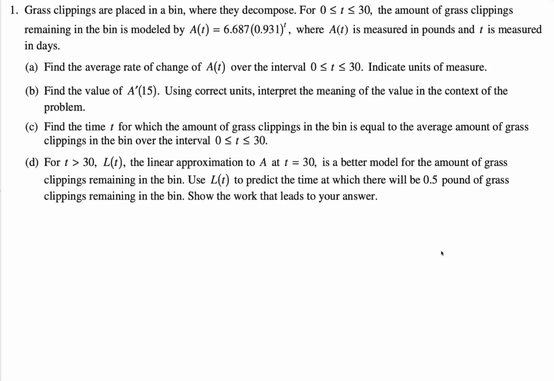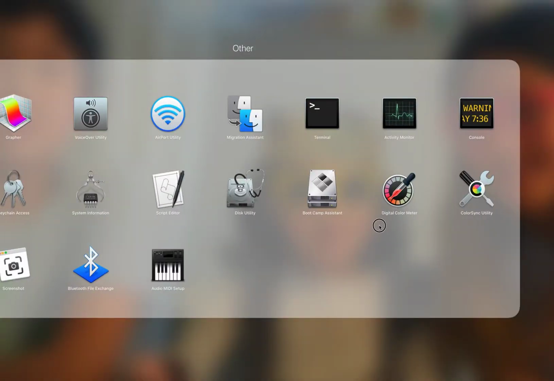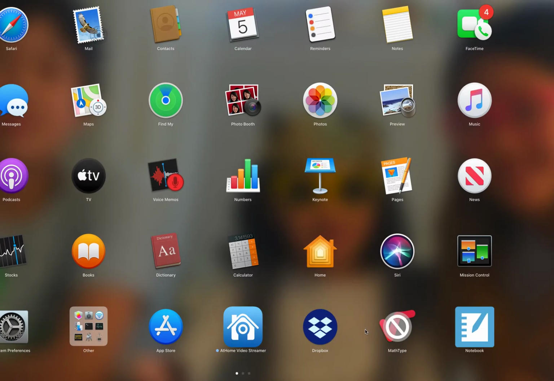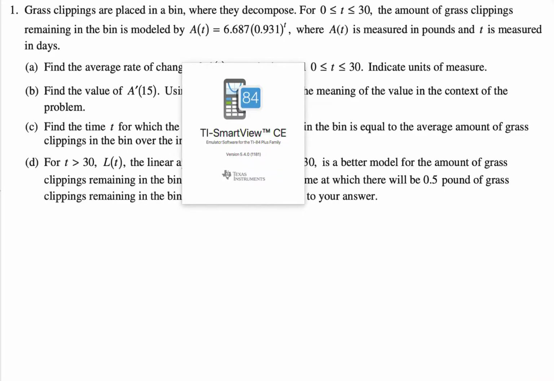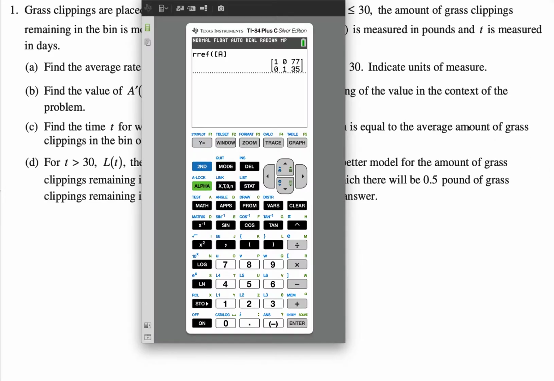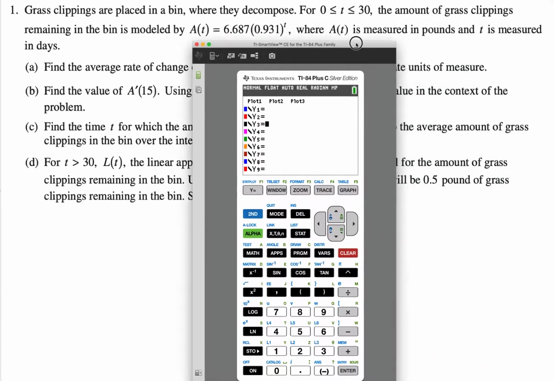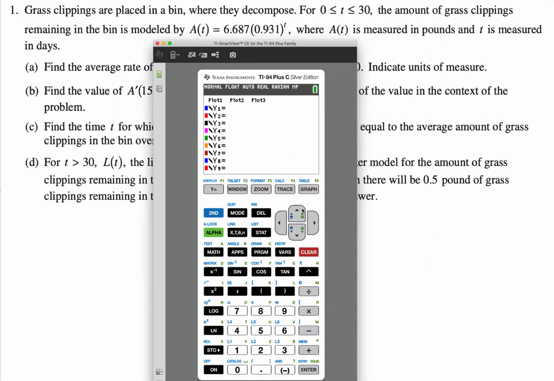In order for us to do this one, I'm going to put this into my calculator. You can put the function A of t into your calculator as well. In my case, I'm going to set y sub 1 equal to A of t.